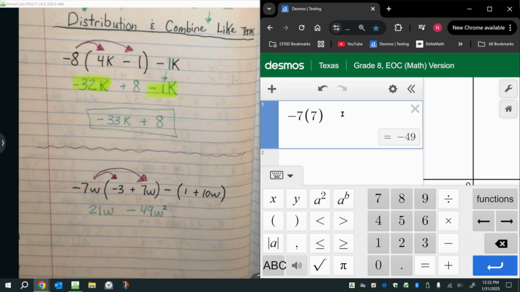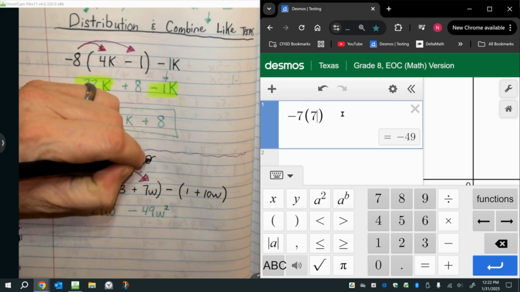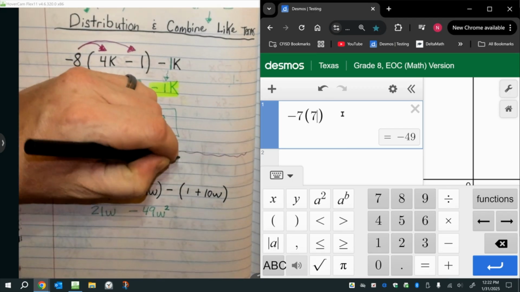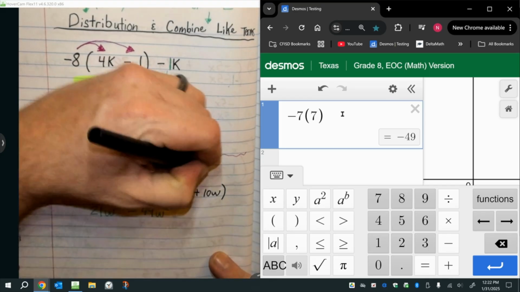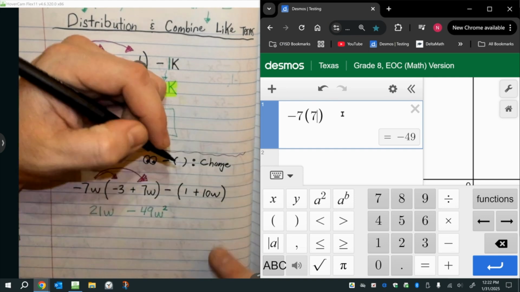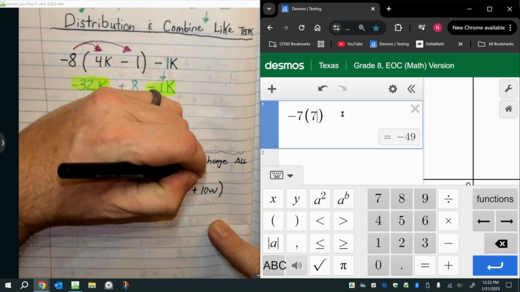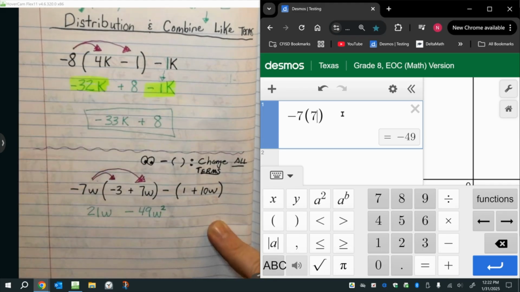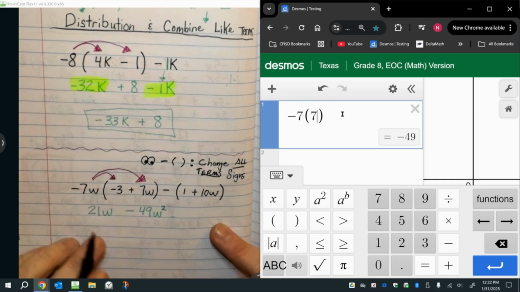Okay, and then I say, oh, wait a minute. Here's what I notice. I look, and I have a minus in front of my parentheses. So that just means change all the terms' signs. So I'm going to change all their signs.